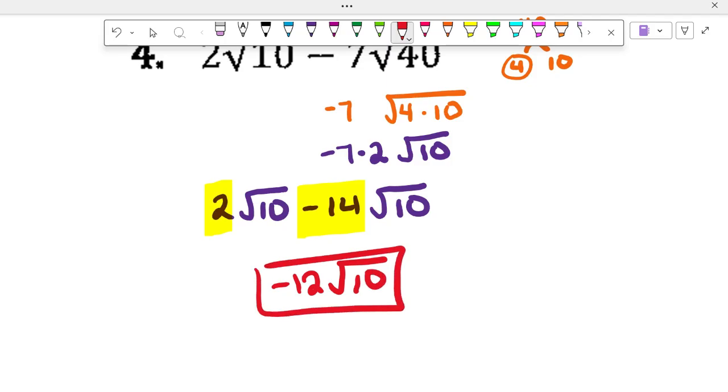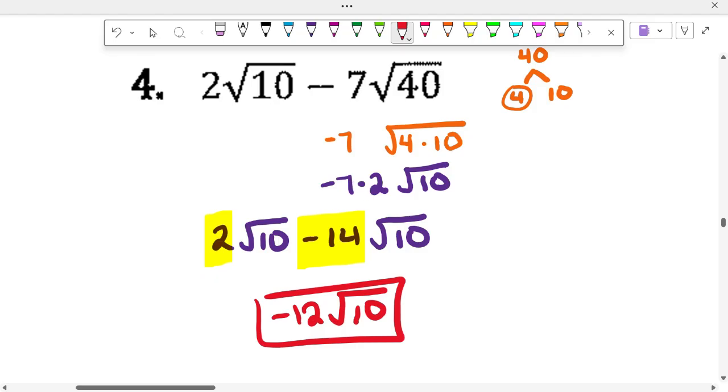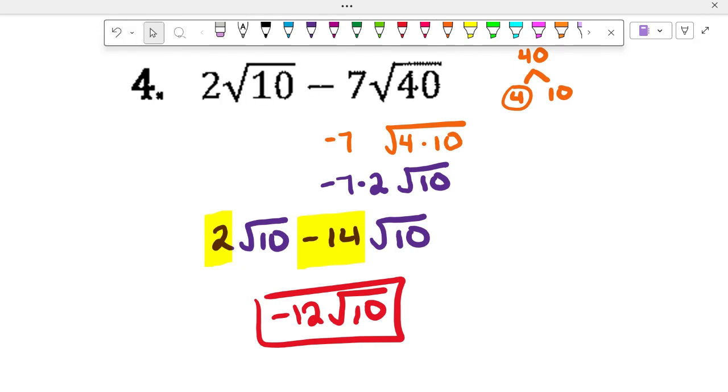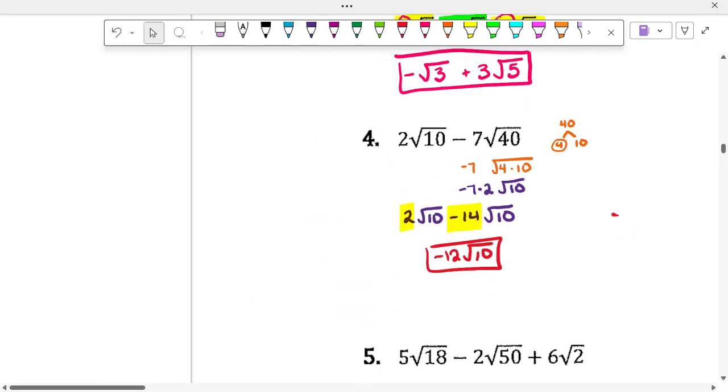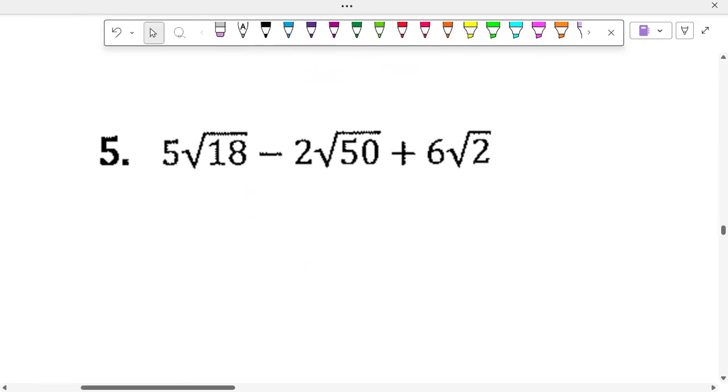So if they don't have the same numbers under the radicand, try simplifying to see if you can make it so it has the same number under the radicand. But be careful, because whatever you pull out of the radical, you need to multiply it to whatever coefficient's already there. Any questions so far? All right. Try number 5 on your own. So simplify the radicals and see if you can get it down to the same.